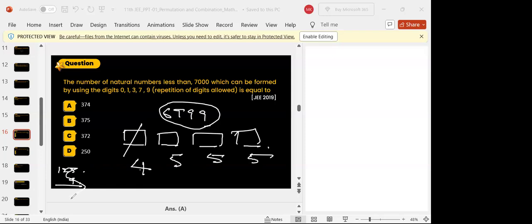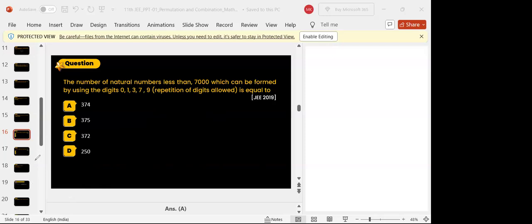Excuse me, sir. I have a doubt. Why can't it be 250? The reason for that is, they have said less than 7,000. Actually the question is wrong, because they should have given it as a 4-digit number.